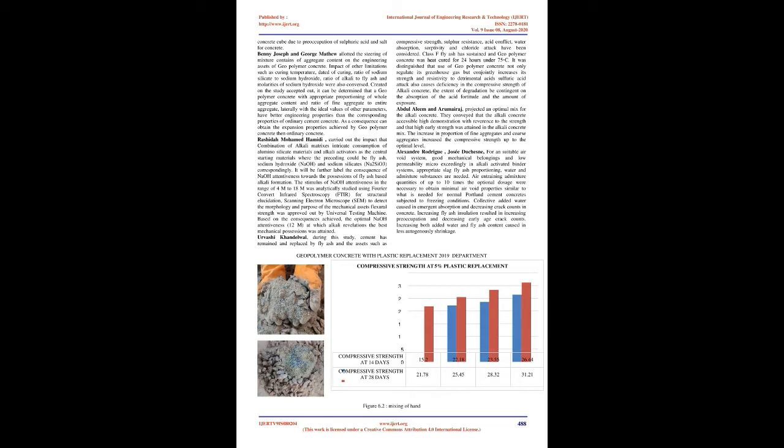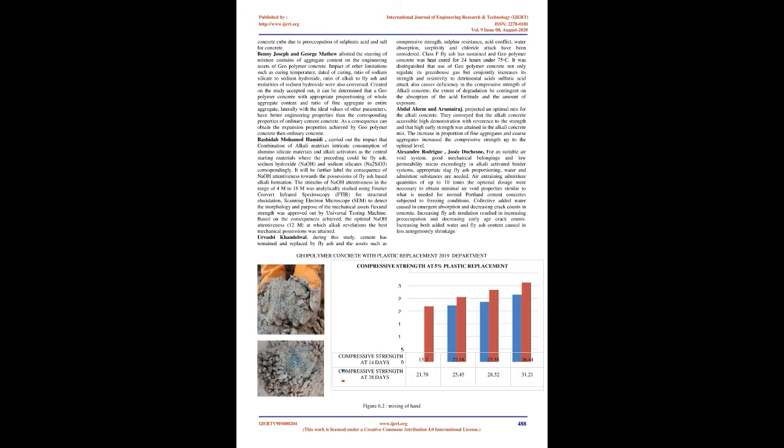Rashida Mohammed Hamidi carried out a study on the impact of combining alkali matrices, involving consumption of aluminosilicate materials and alkali activators as the central starting materials, where the former could be fly ash, and the latter sodium hydroxide, NaOH, and sodium silicate, Na2SiO3, respectively. It was further described how NaOH concentration affects the properties of fly ash-based alkali formation.